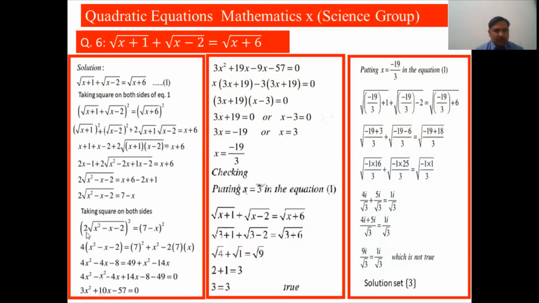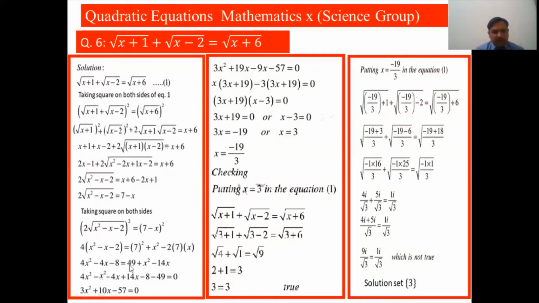When we take square of 2, we have 4, and this square will cancel out with this square root, and here we have to use the formula (a minus b) whole square, that is equal to a square plus b square minus 2ab. So 7 square plus x square minus 2 into 7 into x. Here we have to multiply each term within the bracket with 4, and 7 square is 49, and here is minus 14x.